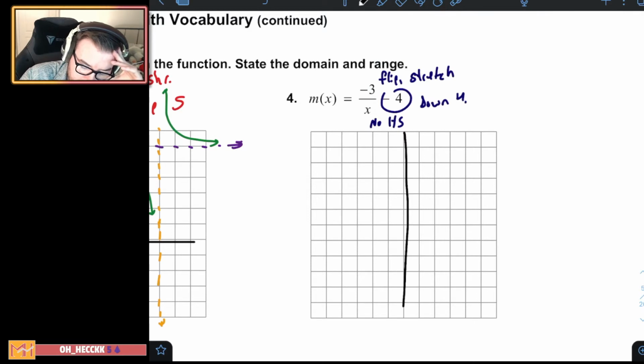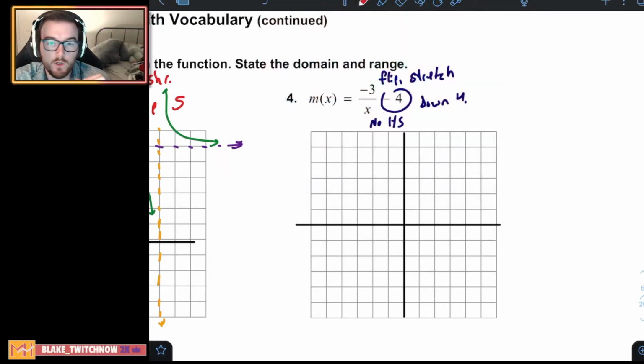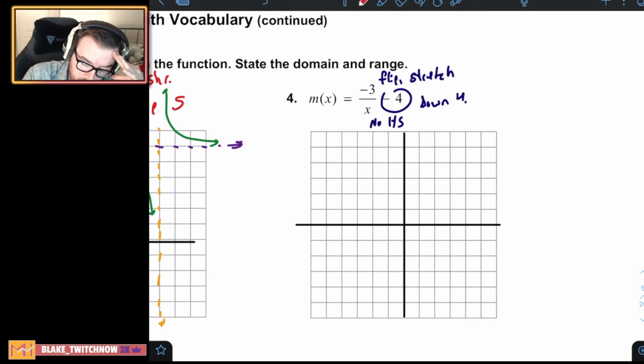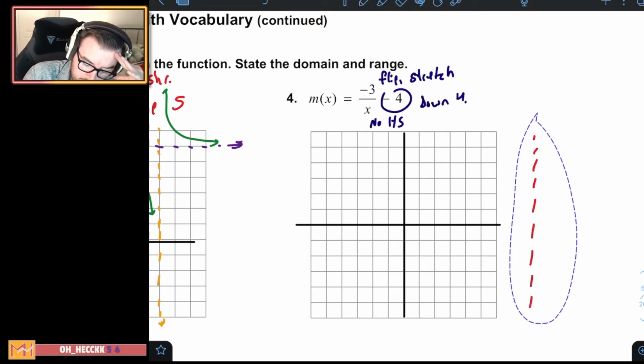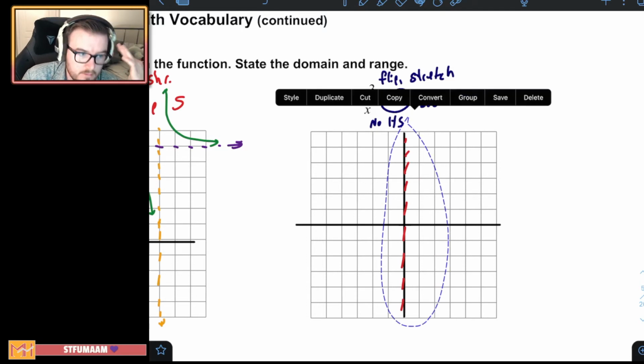Here are the axes, and we're only going down 4. So our vertical asymptote did not move. It's not moving left or right. It's staying put at 0.